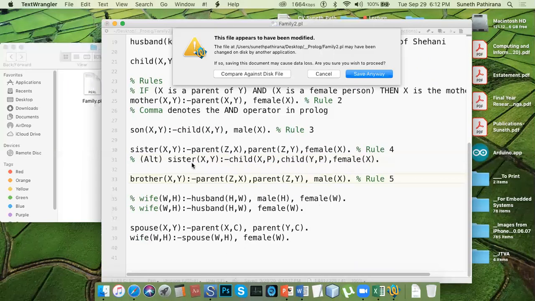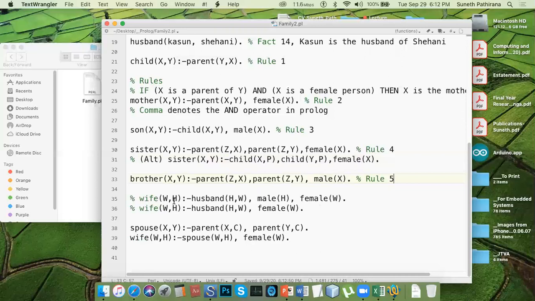And the husband and wife relationship. Wife W is going to be the wife of H. The inverse of husband, that means wife, is with the inverse, so these W and H characters will be interchanged, and H must be a male person and W, or wife, must be a female person.